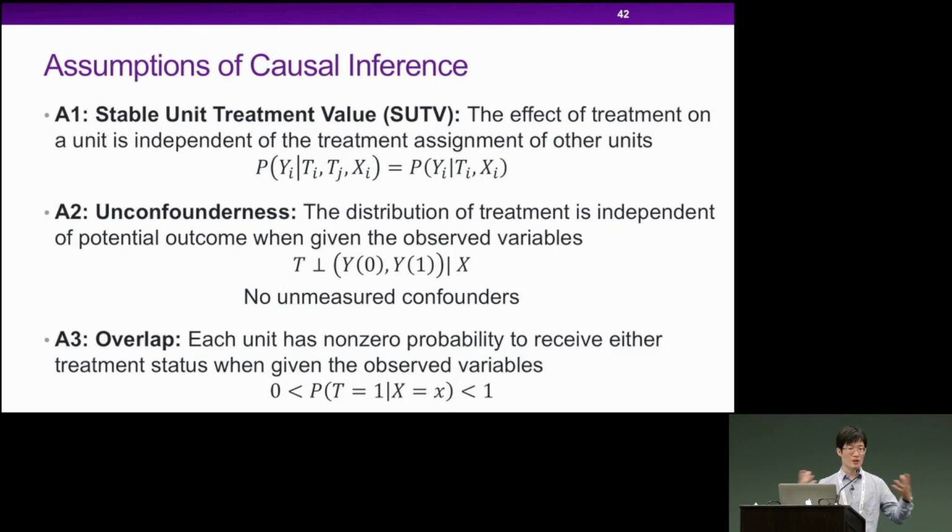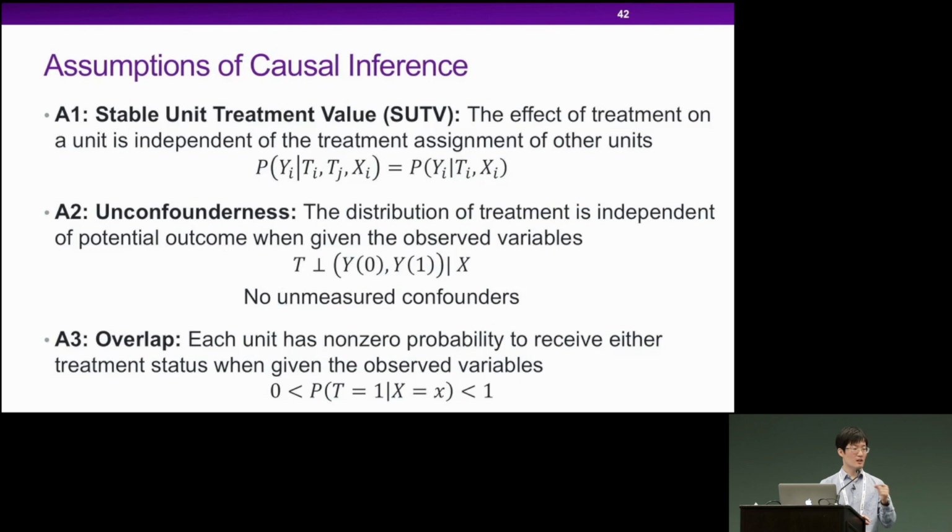That means there is no feedback effect in this setting. The second is that the distribution of the treatment is independent of the potential outcome given the observed variables. That means all of the confounders should be observed a priori.